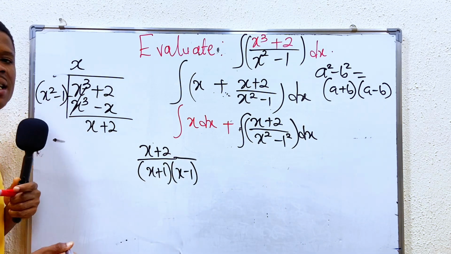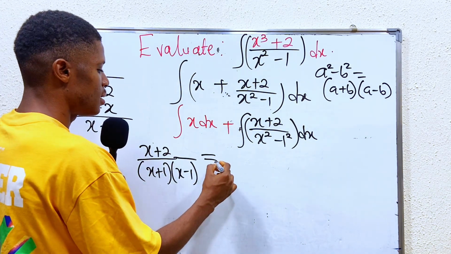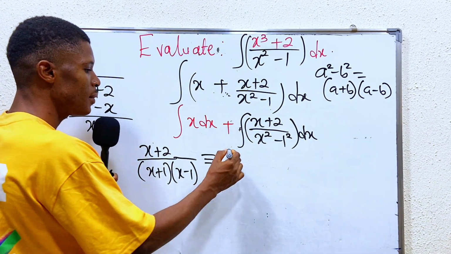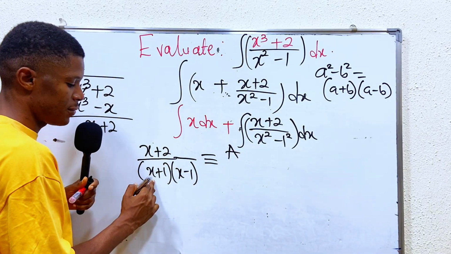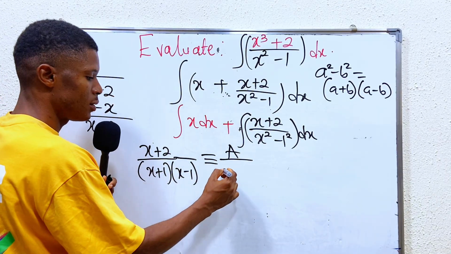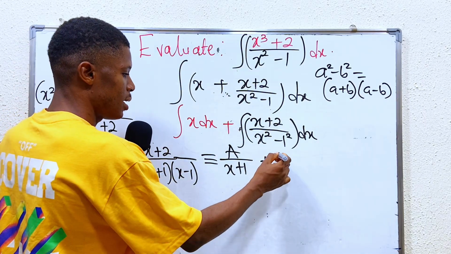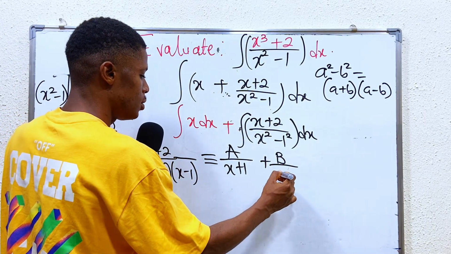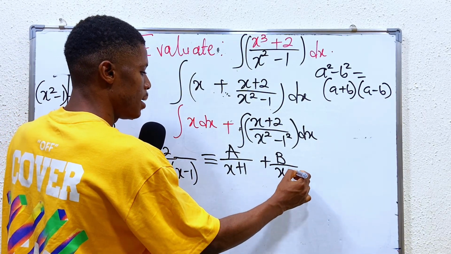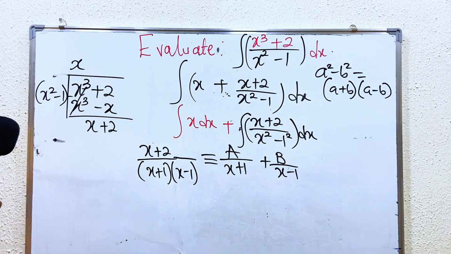This is it. And in partial fractions, we can say that this is equivalent to A over the first denominator, x plus 1, plus the second fraction, which will be B over x minus 1. Good.